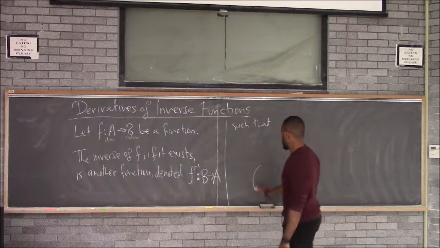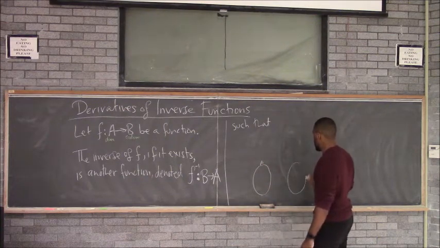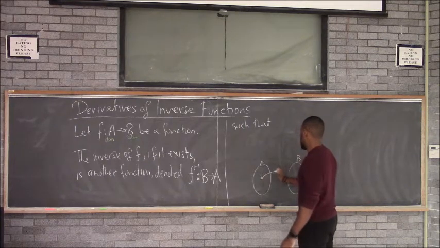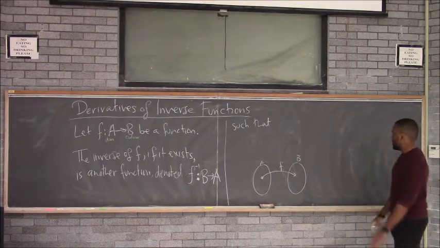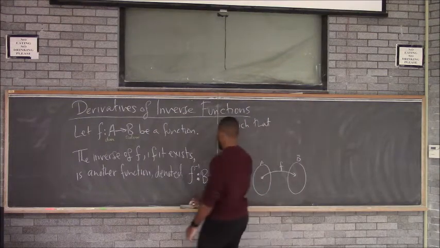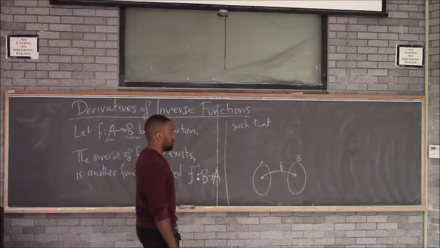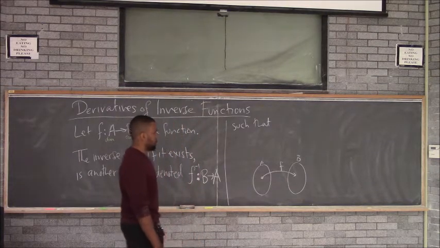What makes an inverse? So here's our set A, here's our set B. f is going to take someone from over here and put it over there. What does an inverse do? It takes from B and gives you the output in A. Any random function I come up with that goes from B to A?